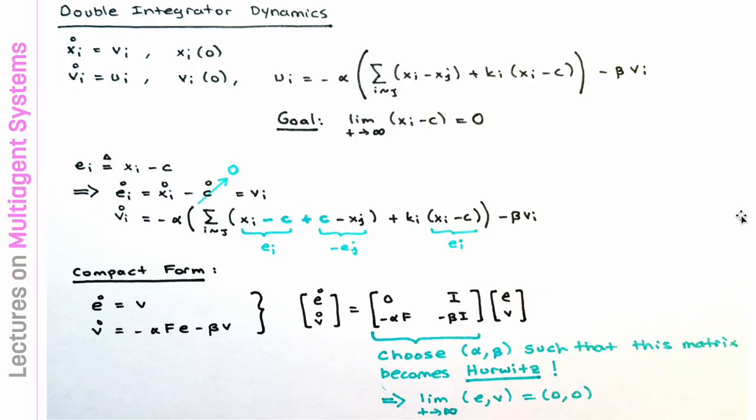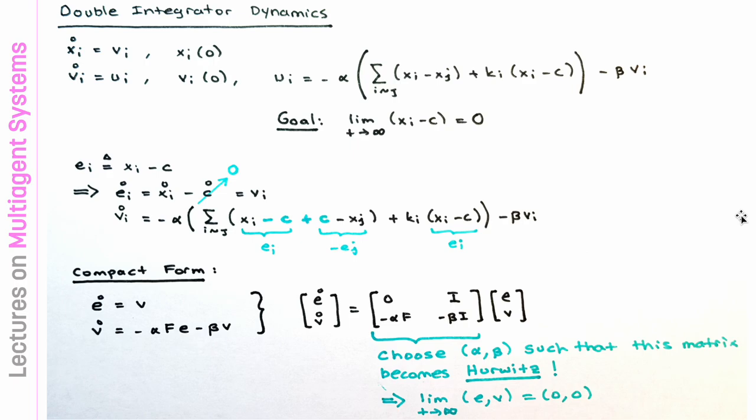Especially, you will see in different lectures in my lecture series on my channel, I have complicated nonlinear systems where, after I make a state transformation, or sometimes feedback linearization, I can write the nonlinear dynamics into some double integrator dynamics.